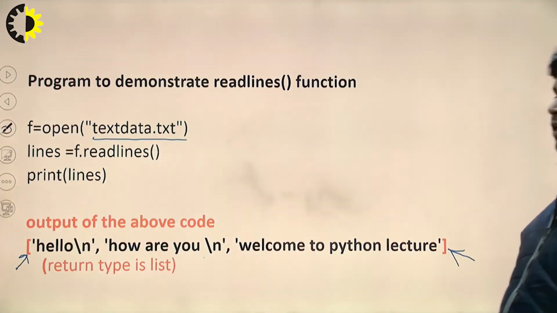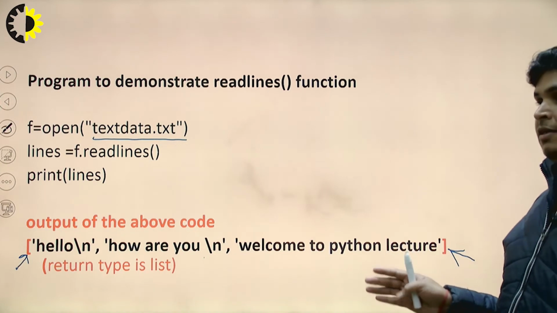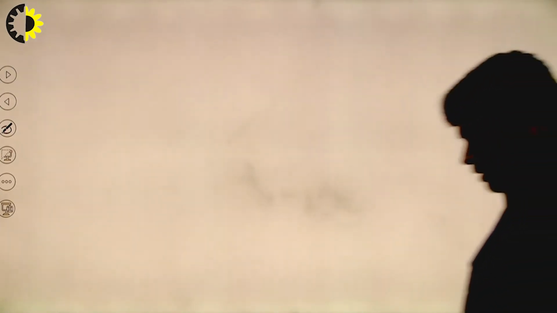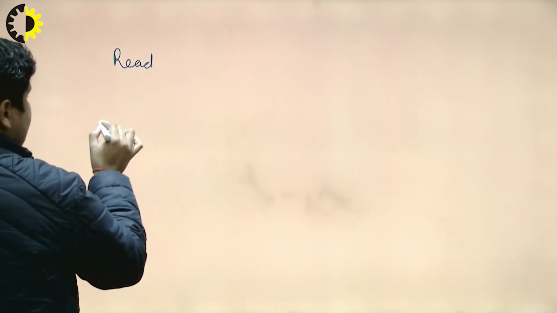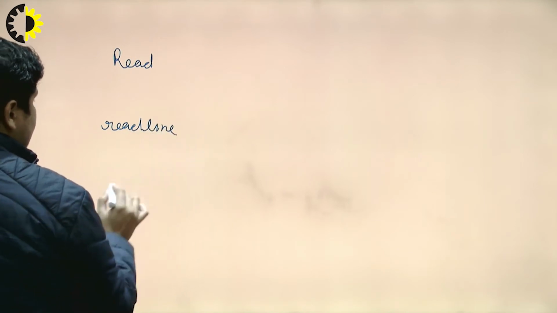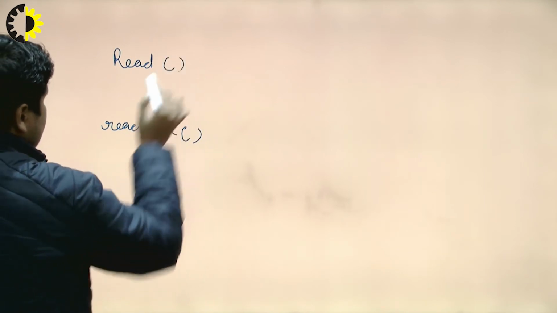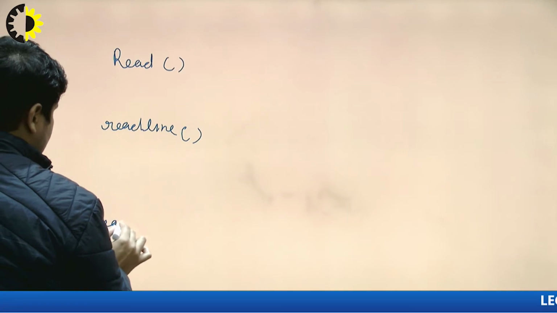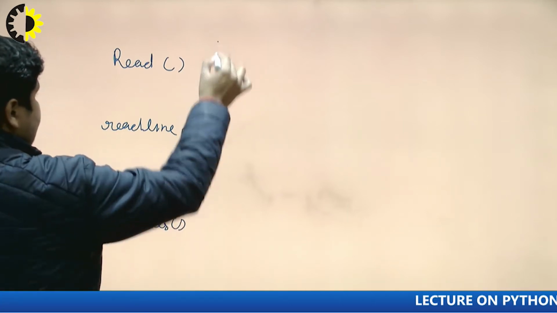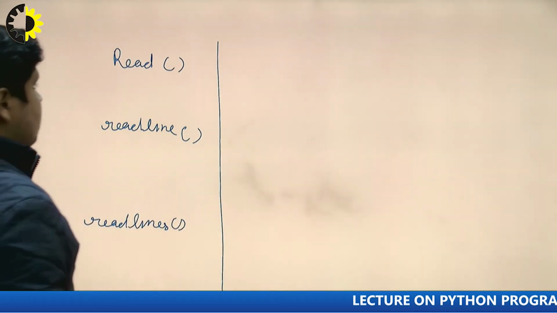You will see here, I am going to discuss one thing. Basically in Python, we have 3 types of function for reading data. First one is read, second one is readline, and third one is readlines.